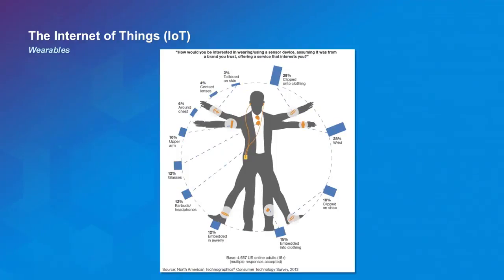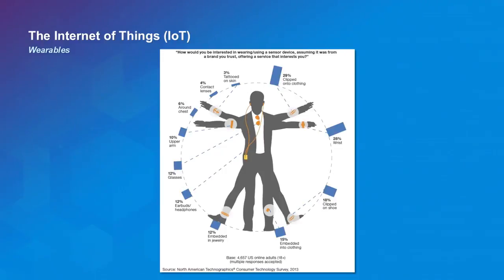Wearable. For example, the smartwatch I have is a wearable. You can say our smartphone is a wearable too because you put it in your pocket every day, right? This diagram shows a survey of where people want to wear those devices.